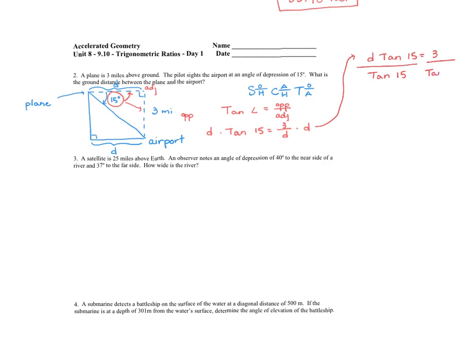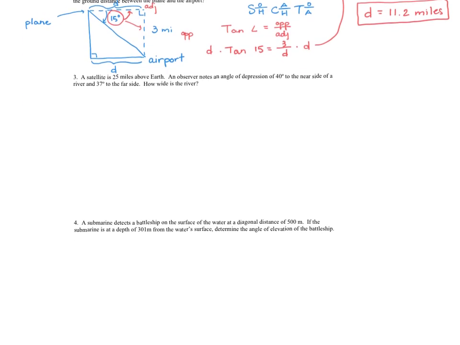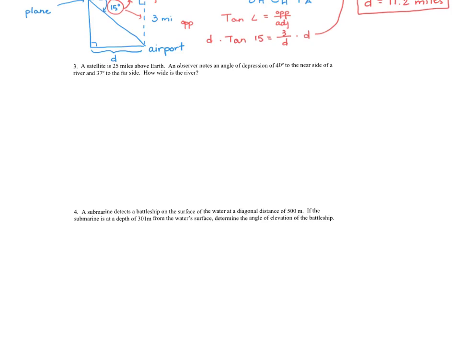So I'll just plug that into my calculator. And when I divide 3 by the tangent of 15, I get 11.2 miles is the ground distance between the plane and the airport. Let's try another one that's just a little bit trickier.